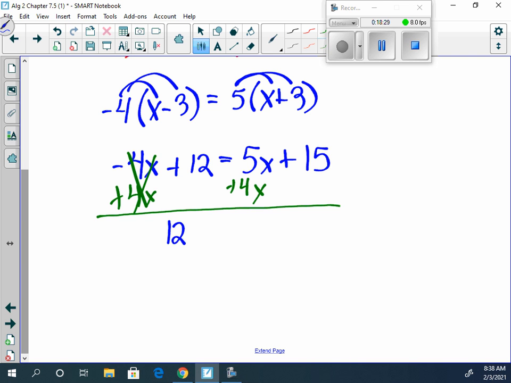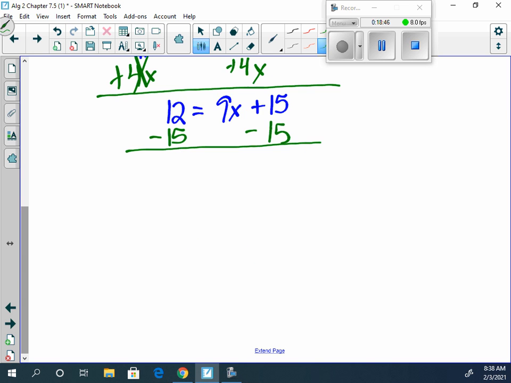Now we'd have 12 is equal to 9x plus 15. And then subtract 15 from both sides. Well, we have negative 3 is equal to 9x.